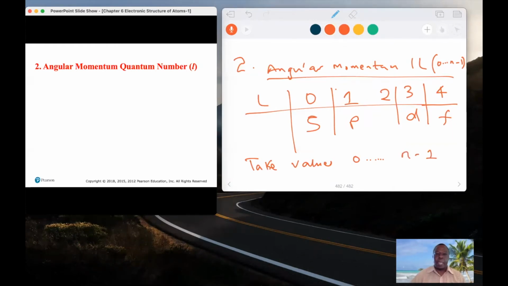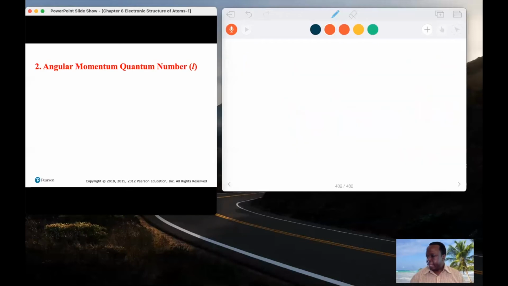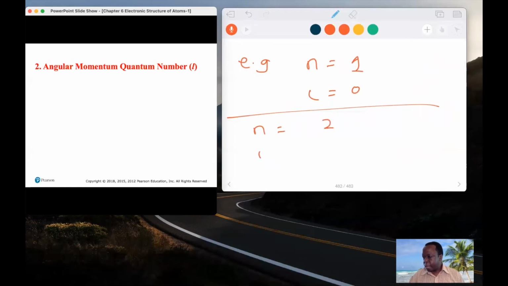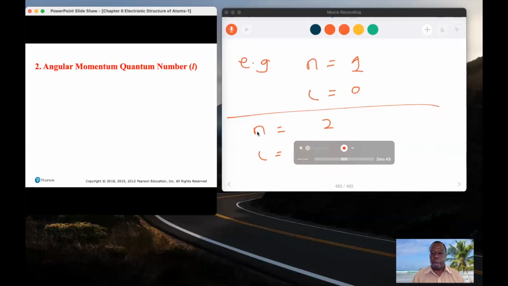What does this mean? If you know the value for n, let's see how this works. If n equals 1, l can be 0, and all the way to n minus 1, which is 0. But if n equals 2, values for l could be 0, 1, because n minus 1 in this case is 1.